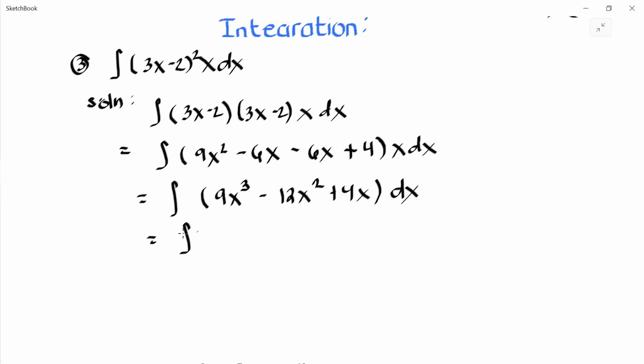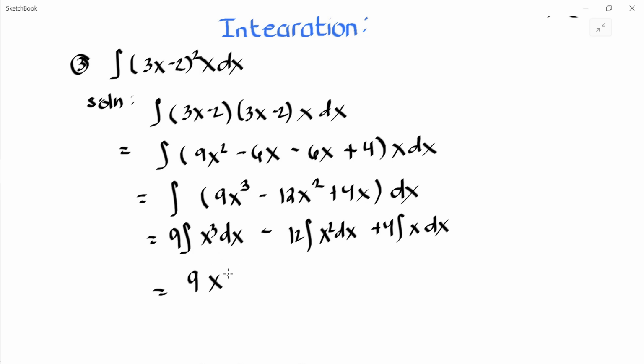Therefore, to find the integrals, integrated term by term, 9 integrals of x cubed dx minus 12 integrals of x squared dx plus 4 integrals of x dx is actually equals to 9 x raised to 3 plus 1, which is 4, divided by 4 minus 12, x raised to 2 plus 1 is 3, divided by 3 plus 4, x 1 plus 1 is 2, divided by 2 plus some constant of integration.